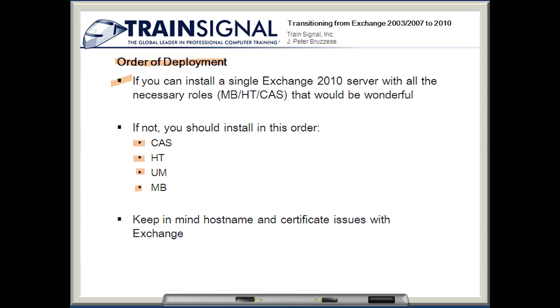What's required to send and receive email is a 2010 client access server and hub transport server. Without those, the mailbox server role will not even be able to function. So that's why you do need to put the client access and hub transport server roles in place first before you even think about installing the mailbox server role. So you put all of these roles in place, you move the mailboxes over, and then, if desired, you decommission those legacy roles in your organization.